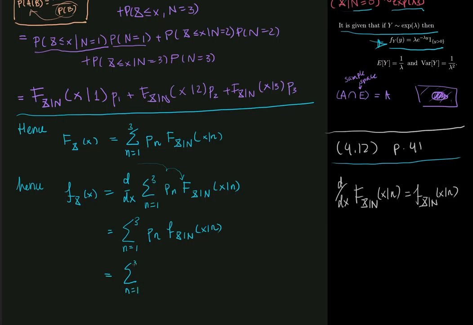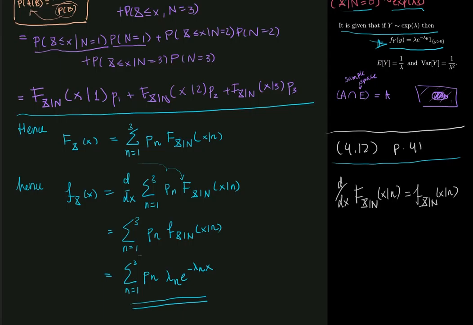So the total density for x is given by the sum of p_n multiplied by lambda_n multiplied by e to the minus lambda_n multiplied by x, for n equals 1, 2, and 3. And this is the answer.